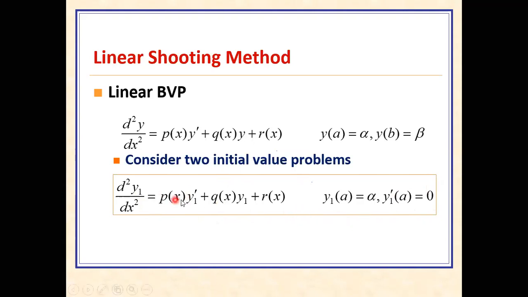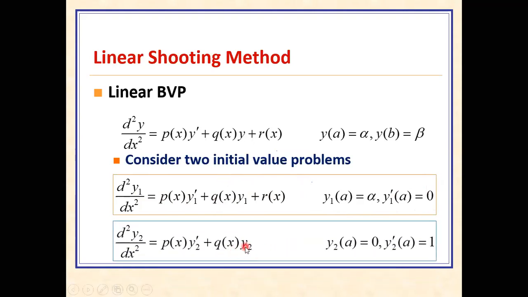We solve this one problem, and also we consider another problem which is slightly different from the linear boundary value problem. We omit the term r of x, which means we solve the problem without the forcing function, and we consider a different set of initial conditions, y2 of a equal to 0 and y2 prime of a equal to 1.